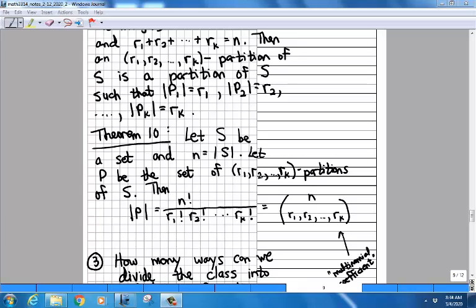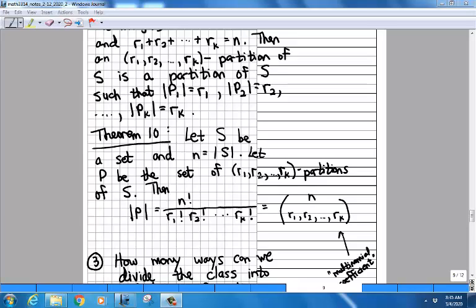All right, so here's what the theorem says. You've got a set, and you're going to build the set of all possible partitions of a particular size from that set. What these subscripted R values mean is the number of elements you put into each partition.